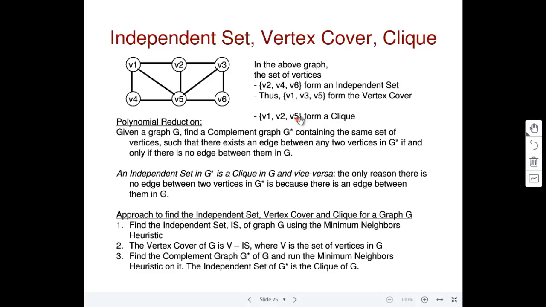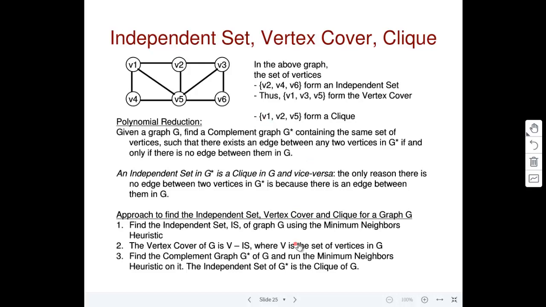Okay, so we are interested in finding the maximum size clique, because obviously each edge is a clique of size 2, and each triangle is a clique of size 3. So what we are interested in finding is the maximum size clique in a given graph.